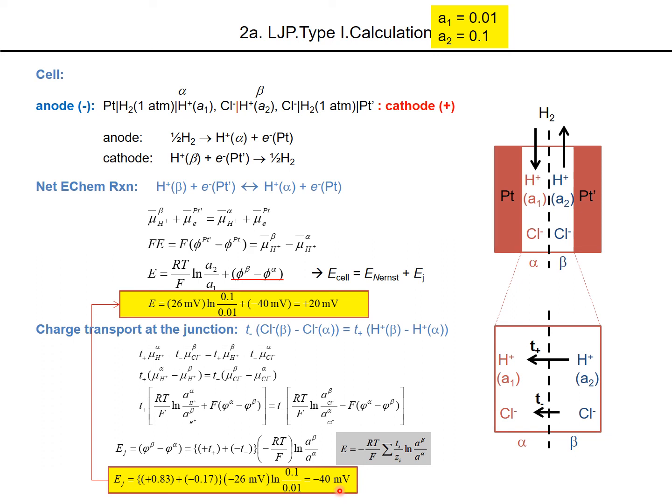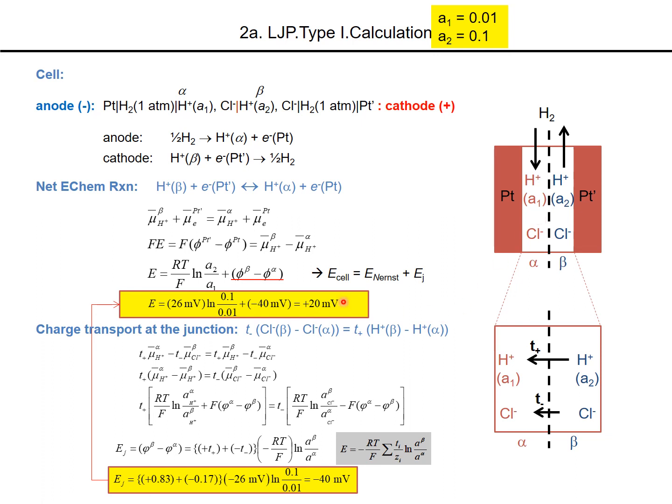So originally, without liquid junction potential, the potential of the platinum on the right side of this cell is 60 millivolt higher than the platinum on the left side. However, with the liquid junction potential, this cell potential decreases from 60 millivolt to 20 millivolt because some potential is consumed by the interface between the beta phase and the alpha phase, or consumed by the liquid junction.